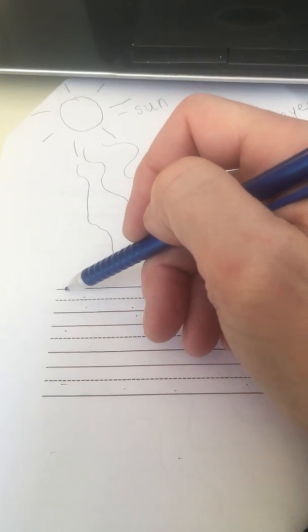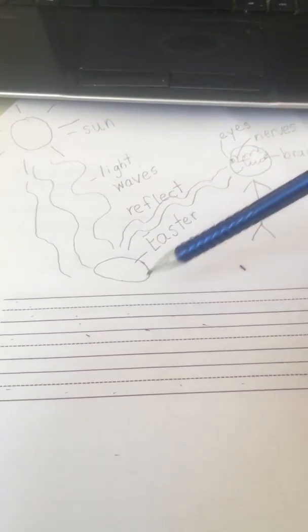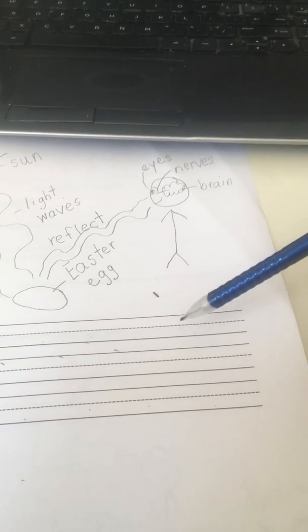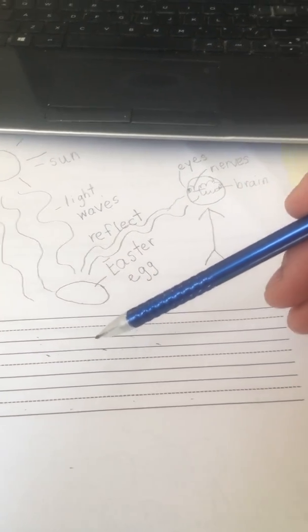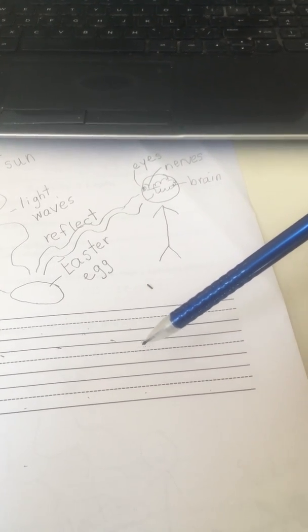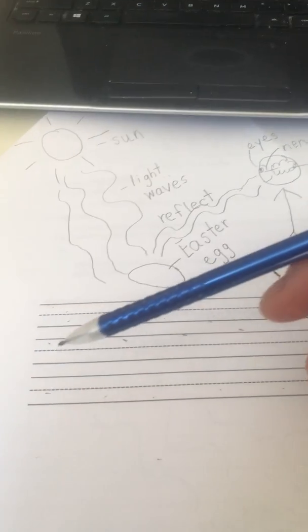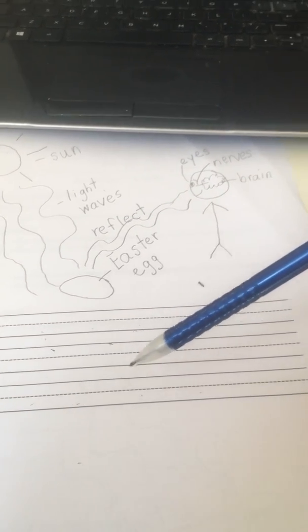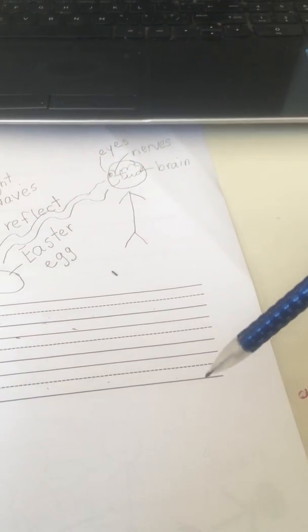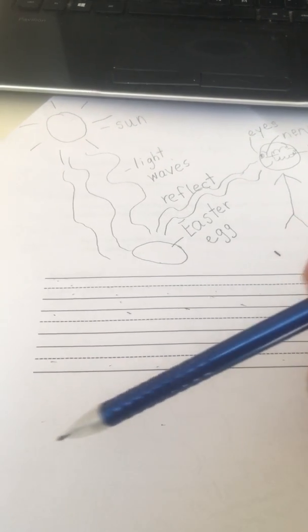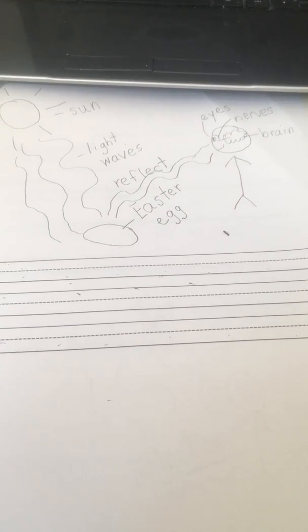Period. Yes, period. So make sure you have a capital letter, capital T for the, and your sentence should say something like, the sun sends light waves which reflect off the Easter egg and go to your eyes, comma, nerves, comma, and brain, period.